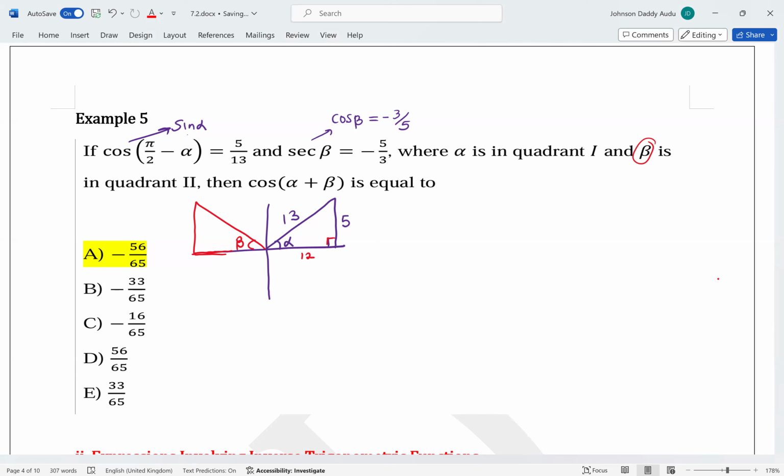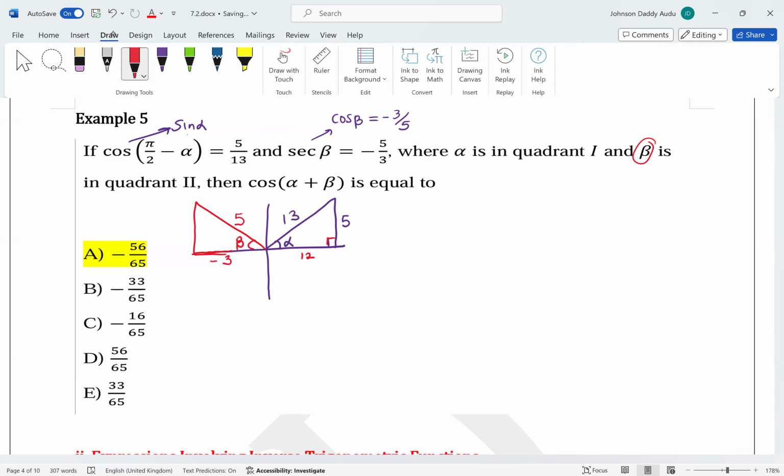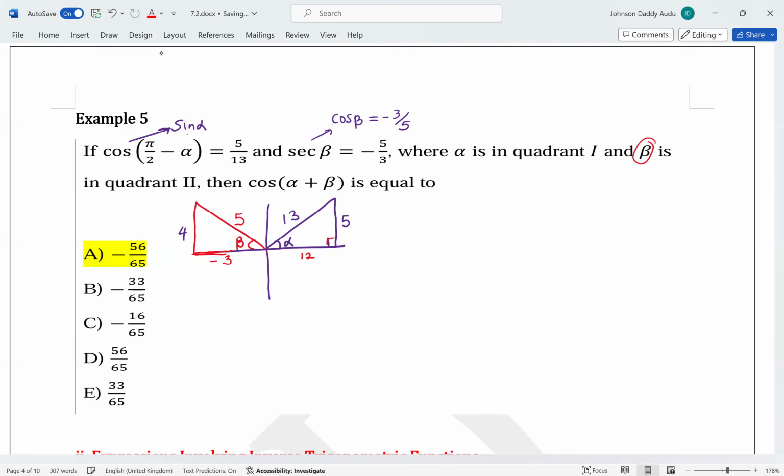So the adjacent is going to be this, minus 3. The hypotenuse is going to be 5. And then what will the opposite be? The opposite will just be 4, right? So this is going to be 4. And this is a right angle here.